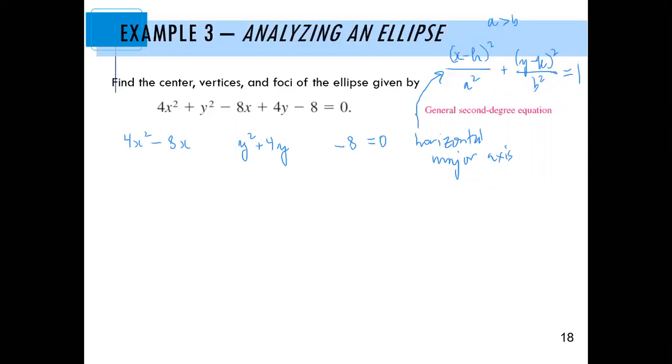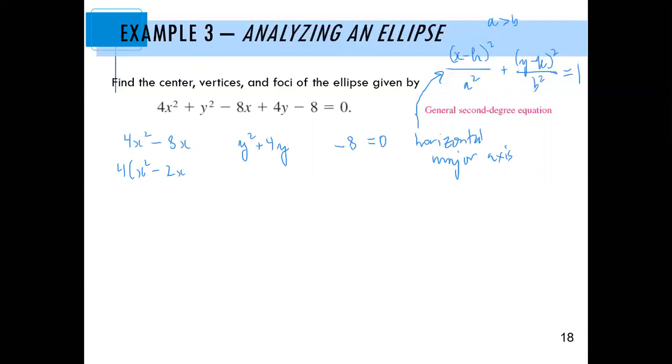Okay. So, what do we do first here? If I wanted to complete the square on the x stuff, the first thing you always do is make the coefficient of x squared 1, okay? So factor that out. 4 times the quantity x squared minus 2x. And then what do you have to add and subtract? Well, we talked about the completion of the square.